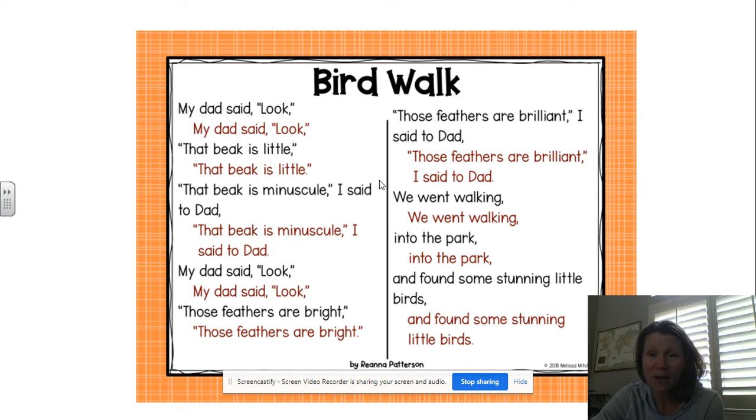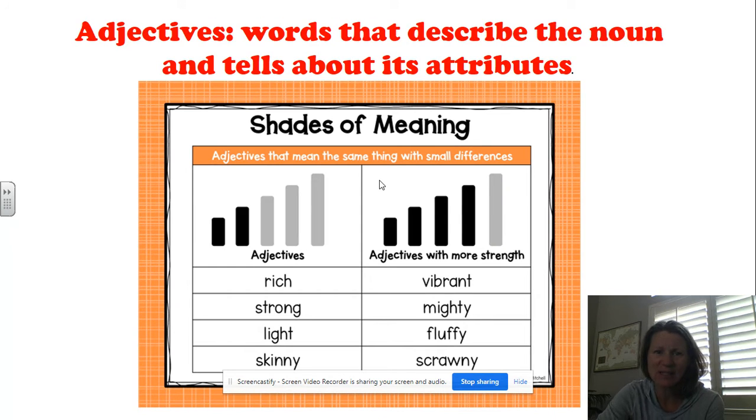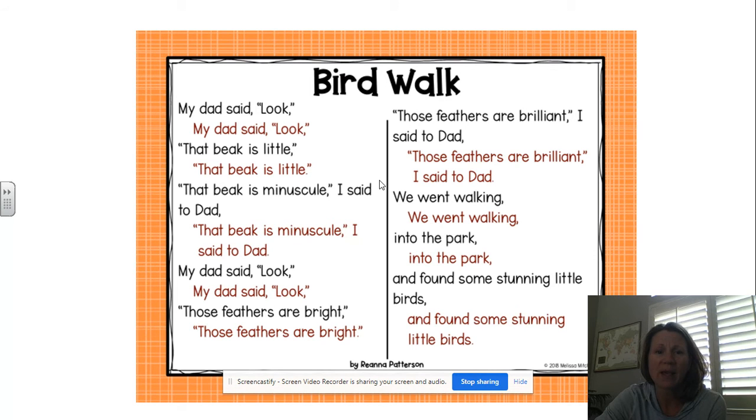There's a lot of really great adjectives in that sentence. Remember, an adjective is a word or words that describe the noun. The noun is the person, place, or thing. An adjective describes the noun. So back in our poem, when Dad said that beak is little, little is the adjective because it's talking about the beak.